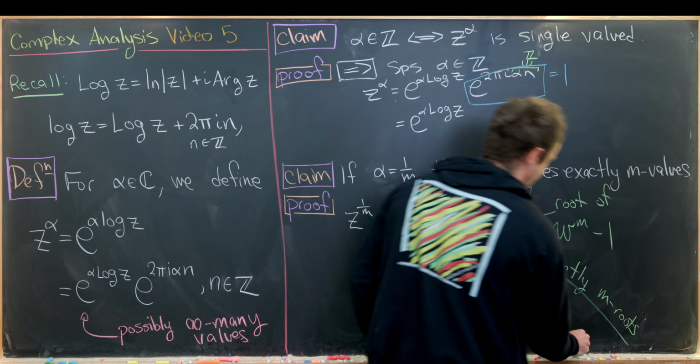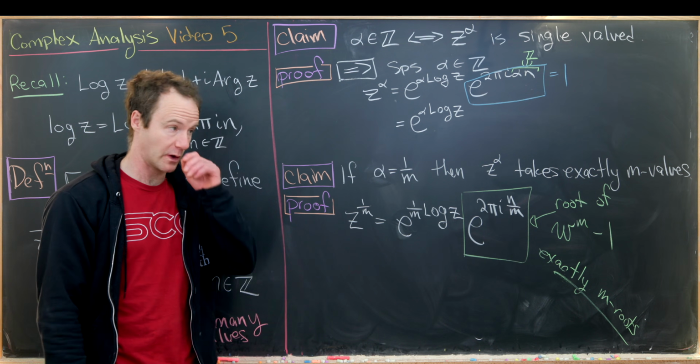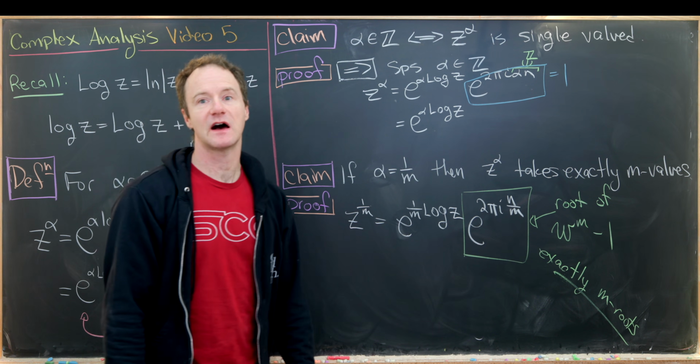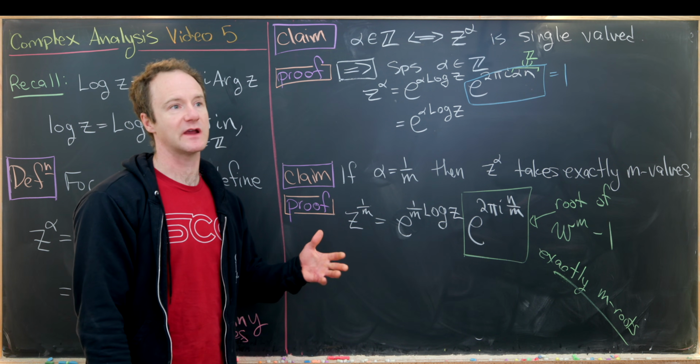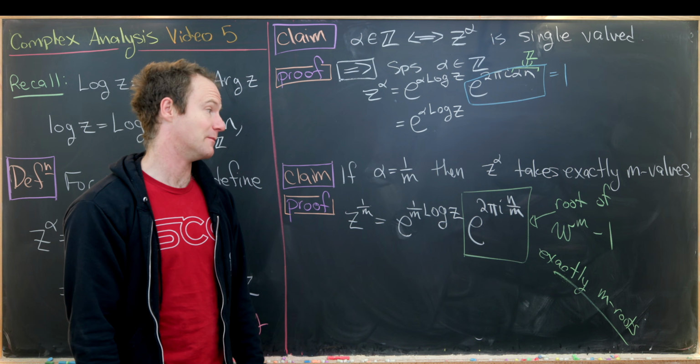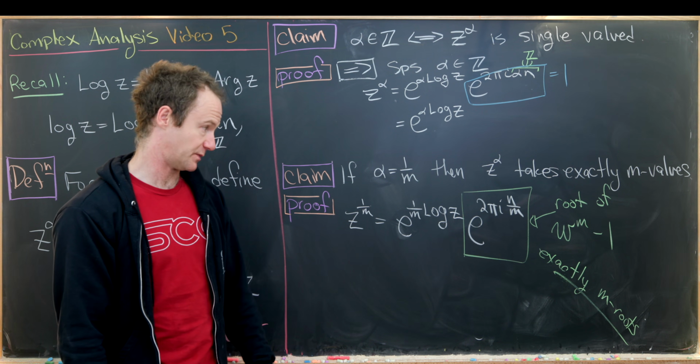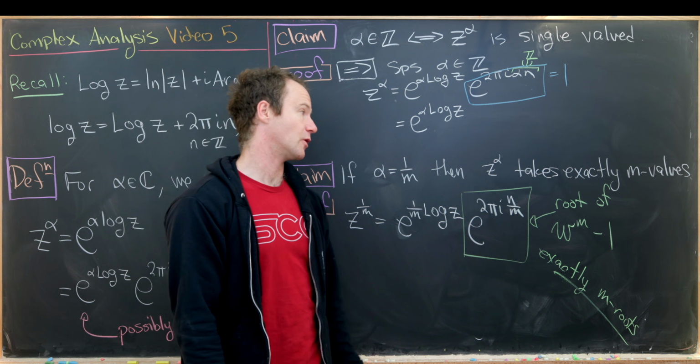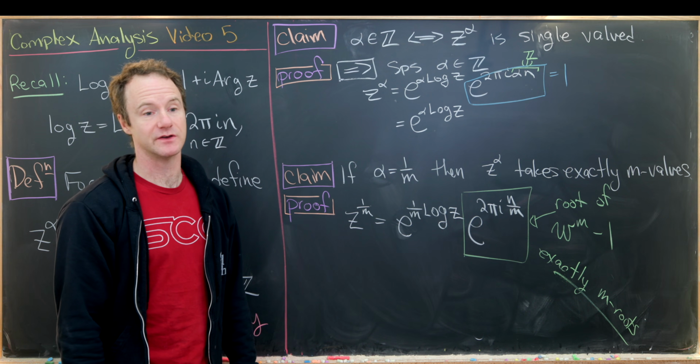Now that's maybe one quick way to look at it. Another quick way to look at it is that we get different values of this thing boxed in green for n between 0 and m minus 1, and then they start repeating. So again, we only have exactly m values.